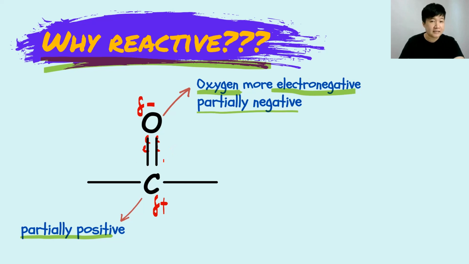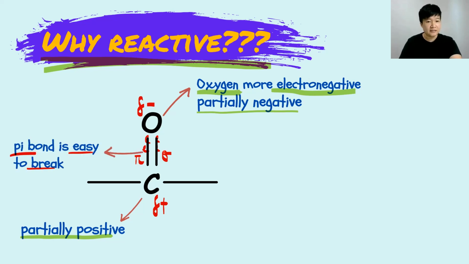And you know that in the double bond, you have the presence of your sigma bond and also pi bond. Knowing that the pi bond is easier to break, we know that this double bond can break easily to become single bond. And since your carbonyl compound right now is a C=O, and your oxygen will be partially negative and your carbon is partially positive over here, what will happen is you can form a new bond over here.